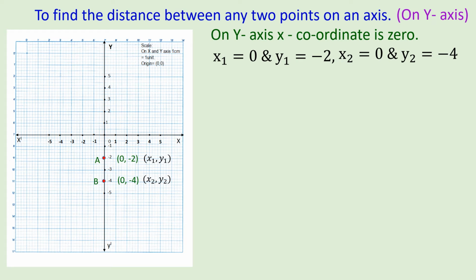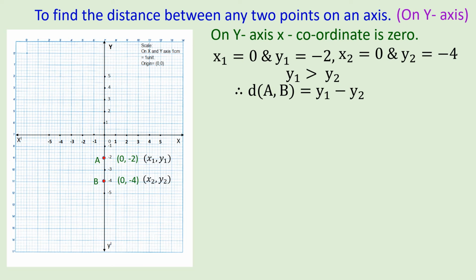As you see, the x coordinate of both the points is 0, therefore we'll go for y. Here y1 is greater than y2. Same method, no need of changing. The distance between the 2 points A, B equals the greater coordinate minus the smaller coordinate.